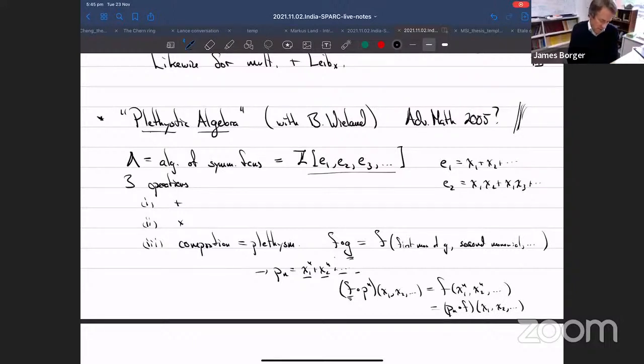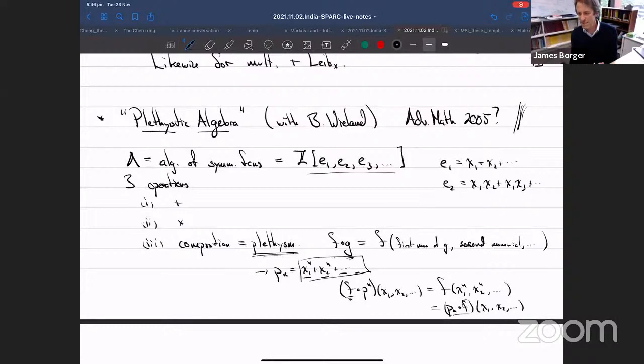And the composition the other way is also true, because what would that mean? That would mean you take all the monomials of f and substitute them in here. So you take each of the monomials and raise it to the nth power and then add them all together. But that's just the same thing as changing all the arguments to the nth power. So if you've seen this notion of plethysm in terms of representation theory of finite groups, I don't really remember how that works.